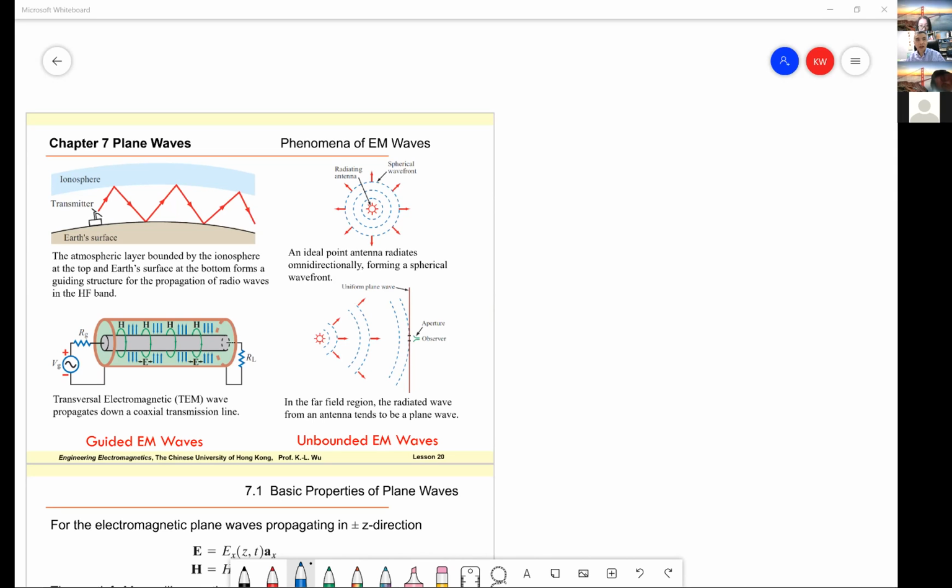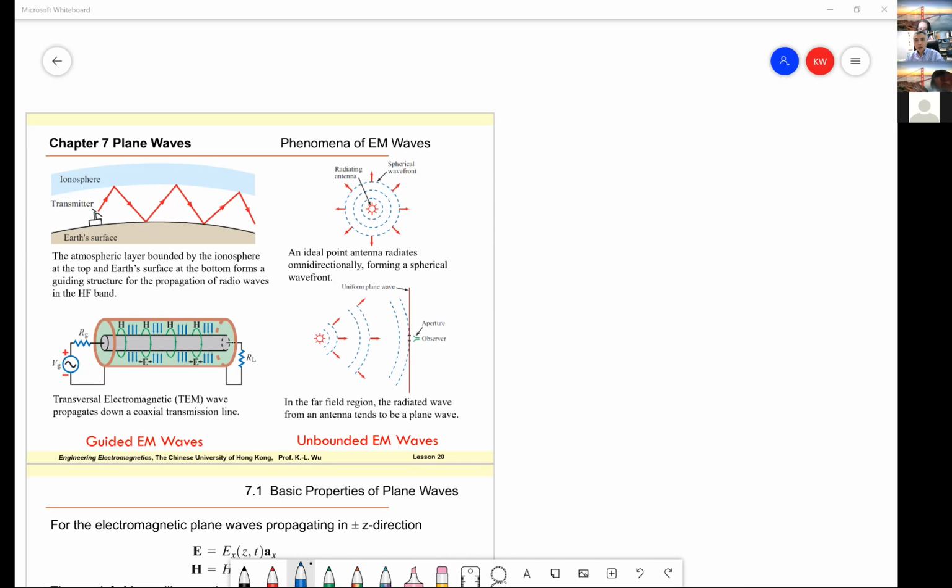This object could be something like a big wall, right? Or later on you will see how electromagnetic waves propagate in high frequency circuits, we call RF, radio frequency, or microwave circuits, right?